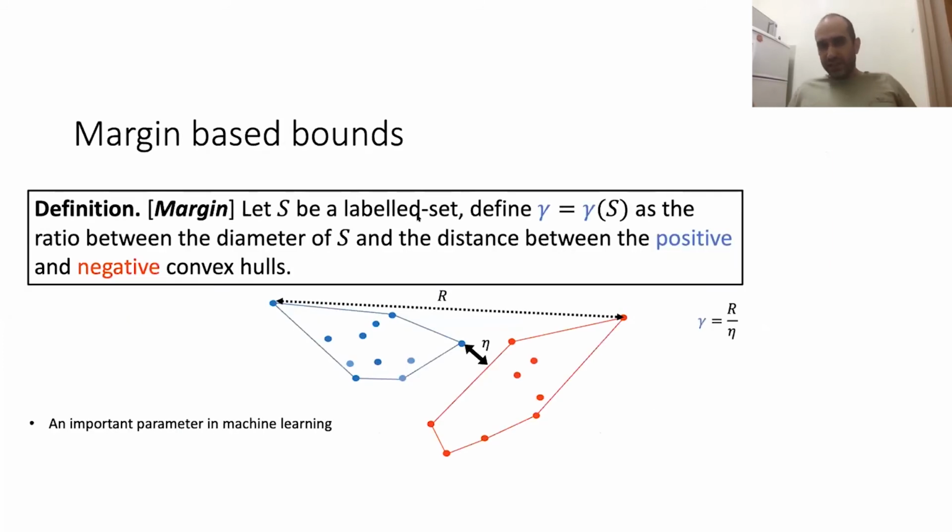And the second kind of upper bounds we know how to get is when you assume that there is a large margin.